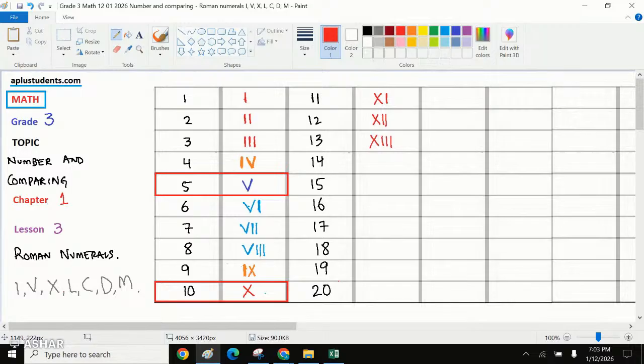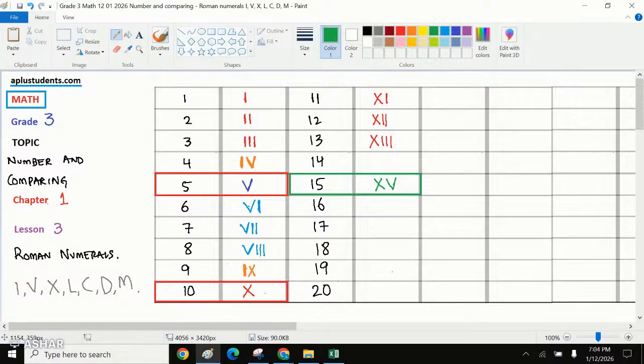Let's see how we can write 15 first. Can I say that 15 would be 10 and 5? 10, and V was 5. This is 15.